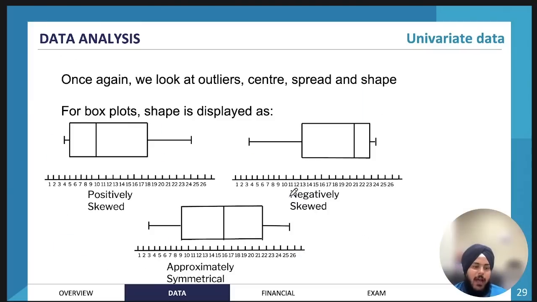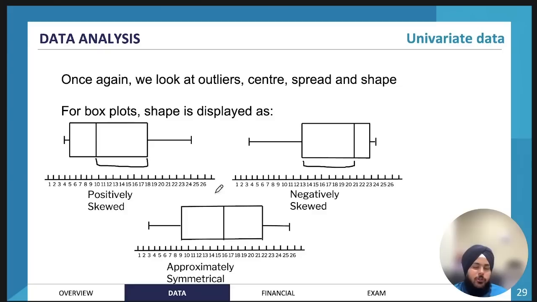So here is how that might look in terms of a box plot. For a positively skewed data, the distance on the right-hand side of the box will be much greater than the left-hand side. For the negatively skewed data, it will be much greater on the left-hand side.